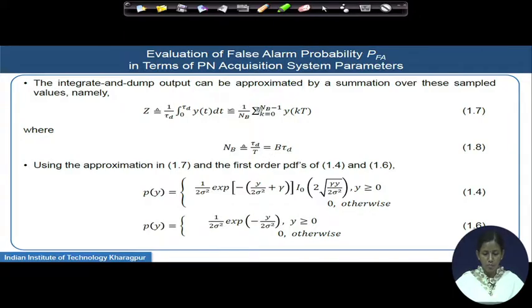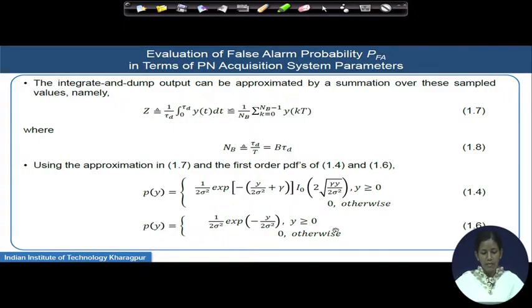So, fundamentally this capital N_b will be large, small or moderate in number. Based on this, we will see later on that the PDF of Z can be approximated to some known distribution. Otherwise, based on the N_b available, we can simplify a lot the distribution of Z, that we will see later on.